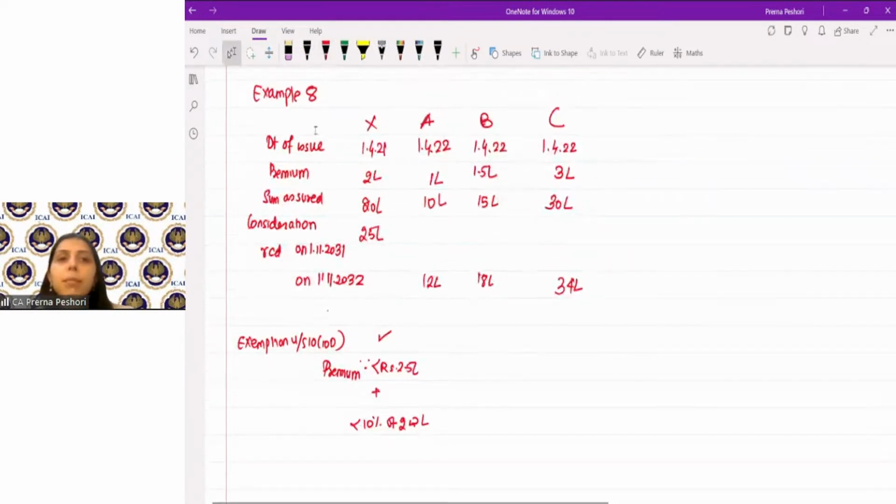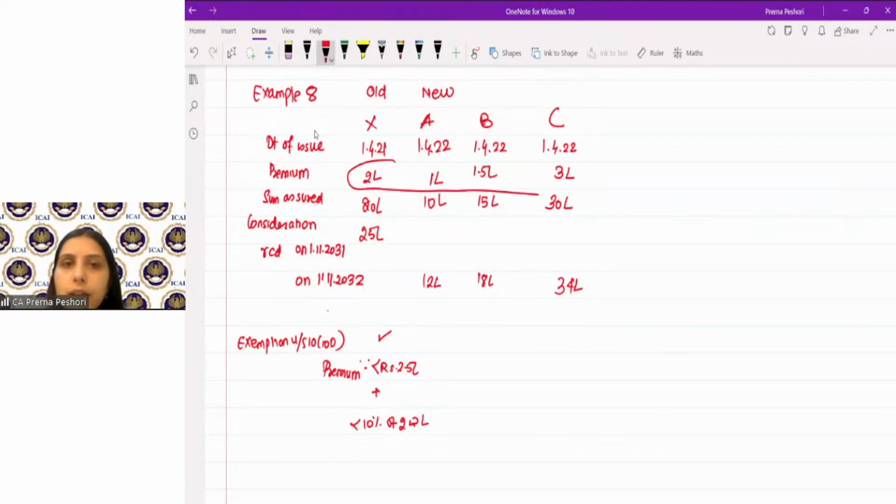Now for A, B, C, if you see, the aggregate premium of the old ULIP plus the new ULIP exceeds rupees 2.5 lakh.